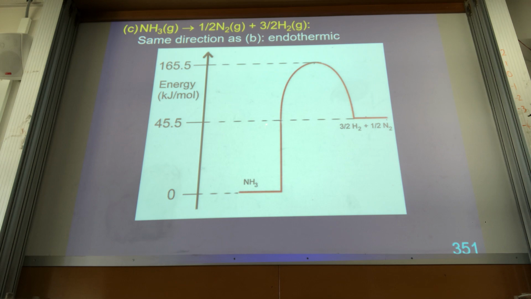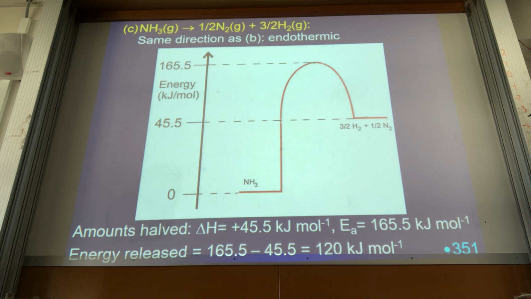It's going to be plus 45.5. Instead of activation energy being 331, it's going to be half that. It's going to be 165.5. And the energy released is going to be halved as well. So same shape, but just all the values have been halved.